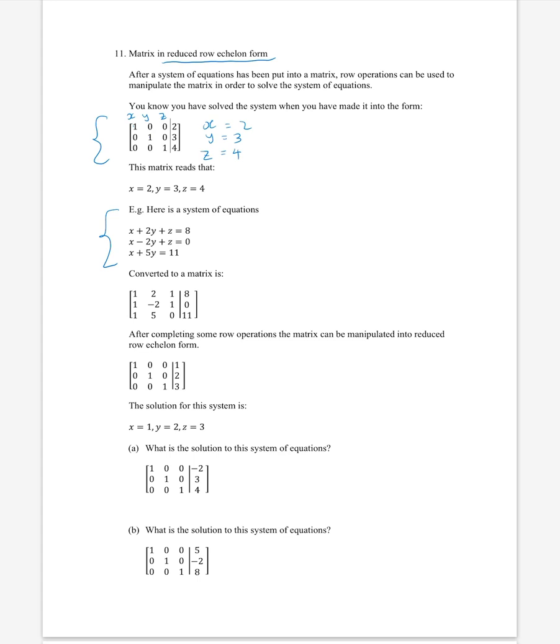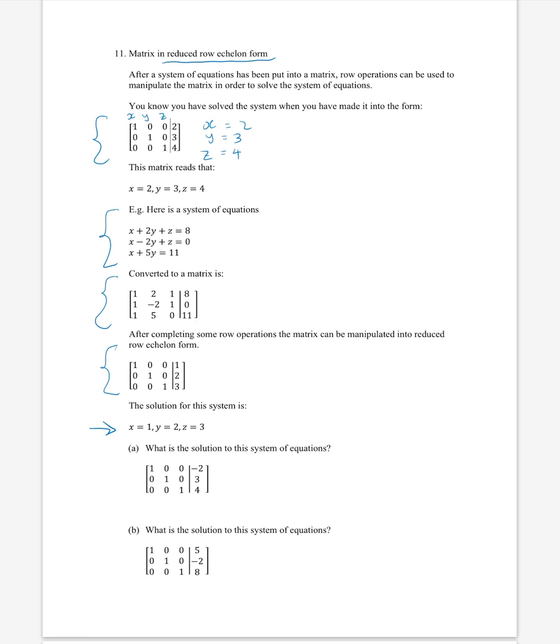And if we converted that into matrix form, it would look something like that. Now, after doing a bunch of row operations, so swapping rows, multiplying, adding, it eventually reduces down to this. And from this, which is now in reduced row echelon form, you can read off the solutions.